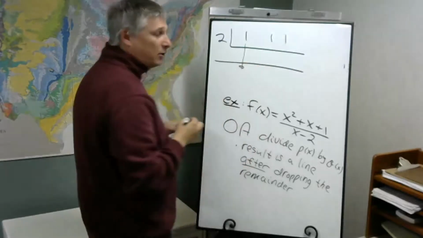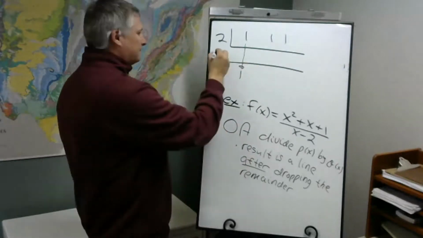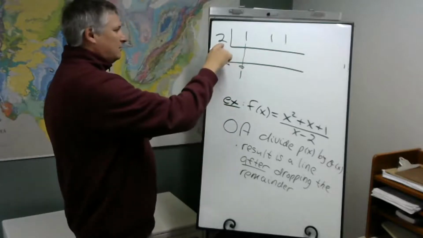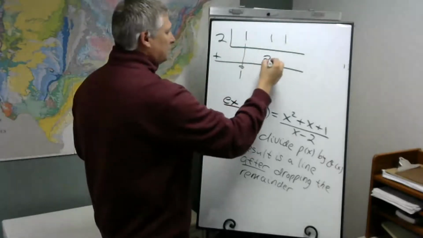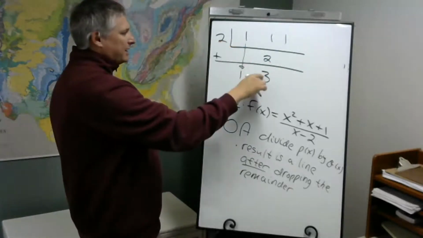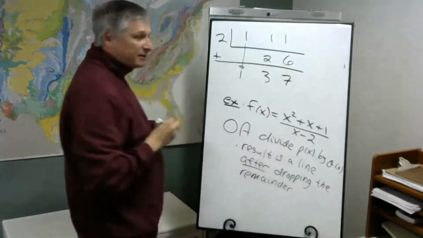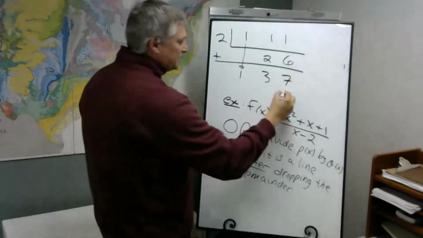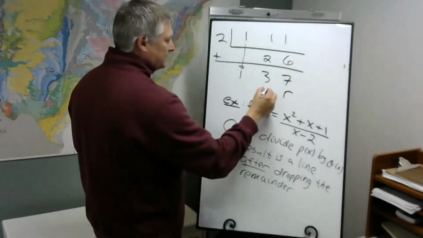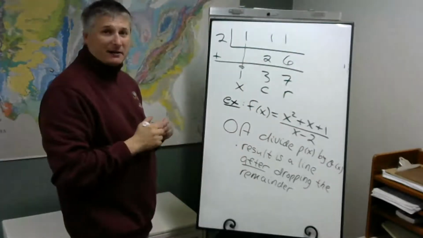Bring down that lead coefficient, and then we do our process. 2 times 1 is 2. Add them, we get 3. 2 times 3 is 6. We add these, we get 7. So this is the remainder term, this is the constant term, and this is the coefficient for x.